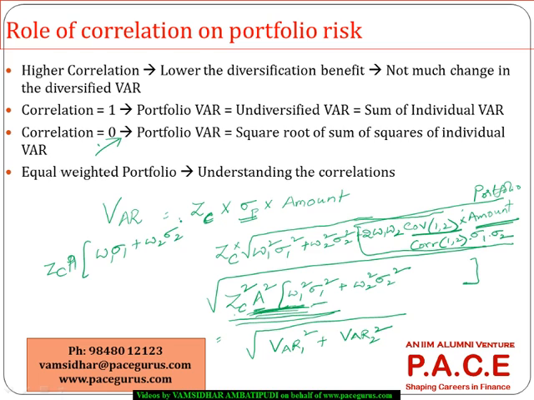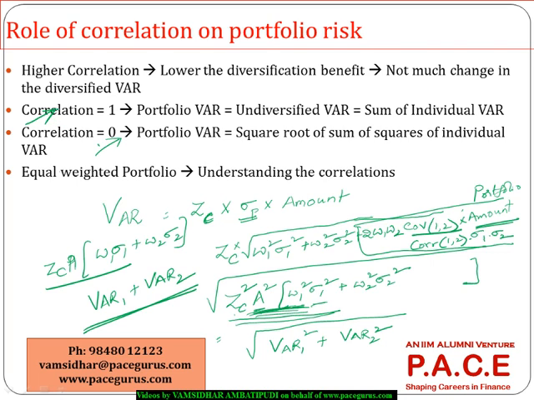This is what comes out. Now expand it: this is nothing but VaR1 plus VaR2. So this is the undiversified portion of the VaR. If the correlation between the two is 1, the overall portfolio VaR is nothing but the sum of the individual VaRs of the various securities.